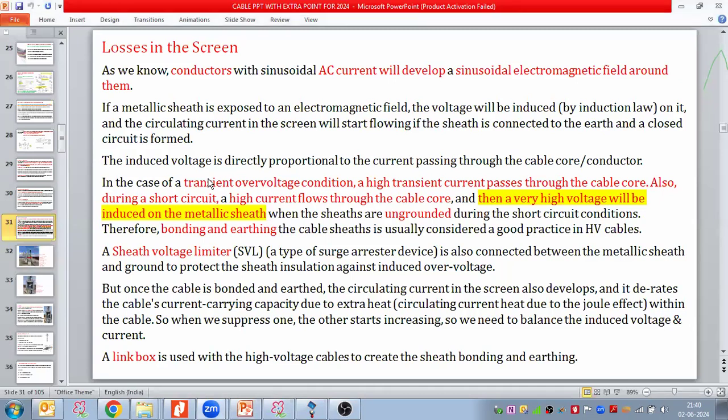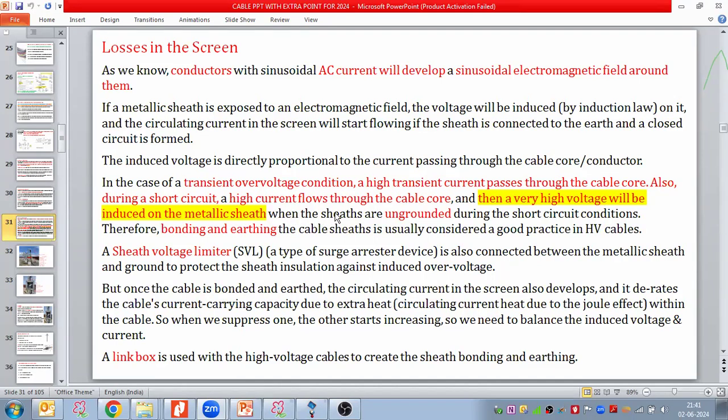The induced voltage is directly proportional to the current passing through the cable or conductor. In case of transient overvoltage, a high transient current passes through the cable core, and also during a short circuit, a high current flows through the cable core, and then a high voltage will be induced on the metallic sheath.